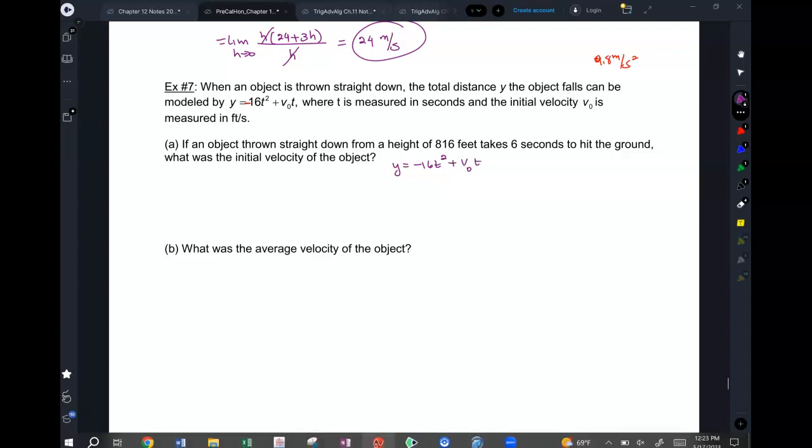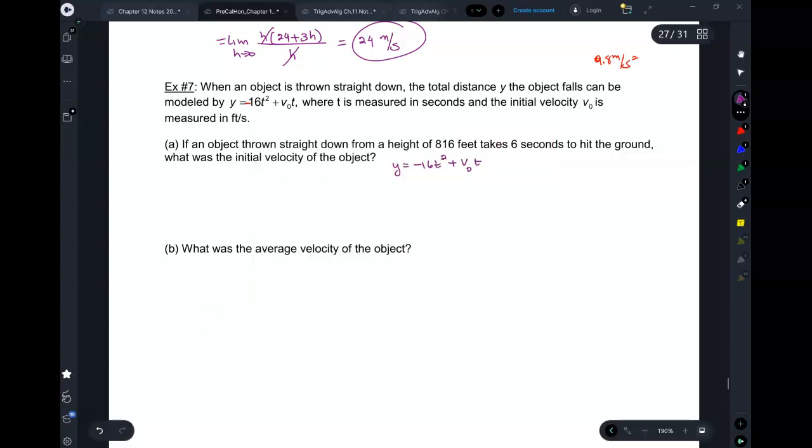That v naught is the initial velocity, right? So we're going to have here 816 is equal to negative 16 times 6 squared, because it takes 6 seconds, plus v naught times 6.